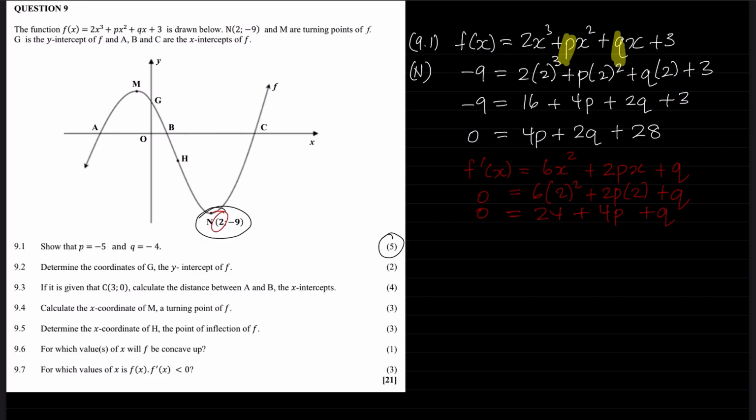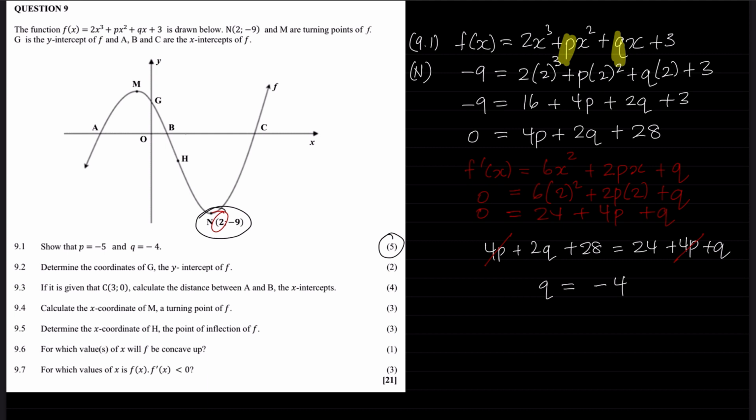Now since both are equal to 0, let's equate them. So 4p plus 2q plus 28 is equal to 24 plus 4p plus q. 4p can cancel. That means q is equal to -4.